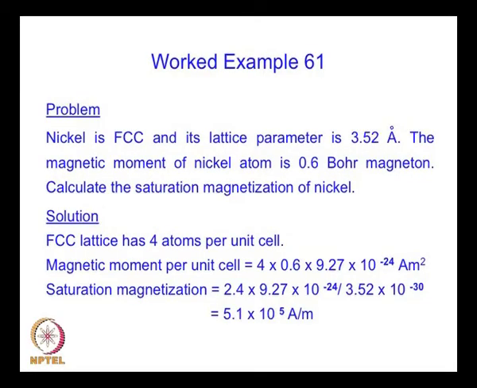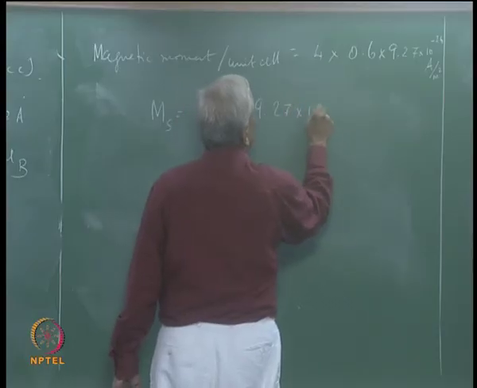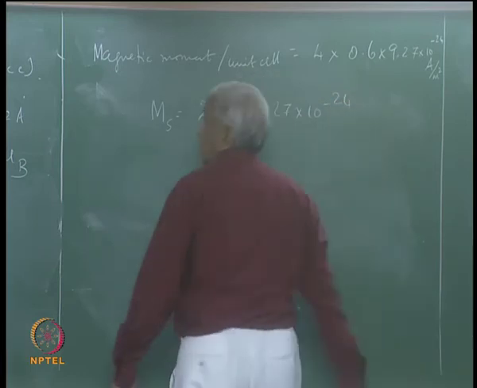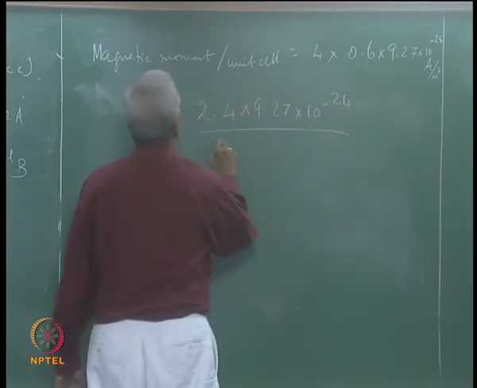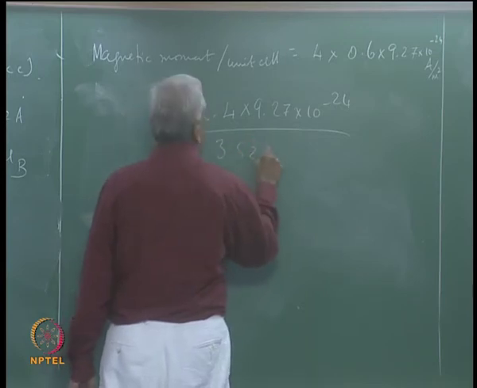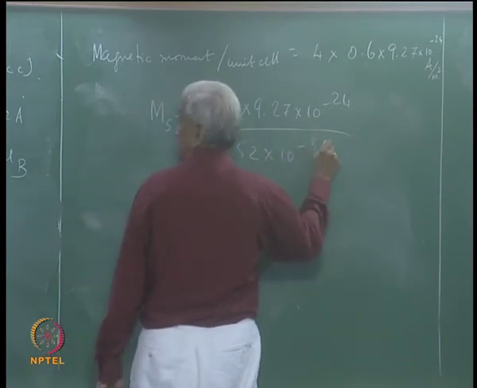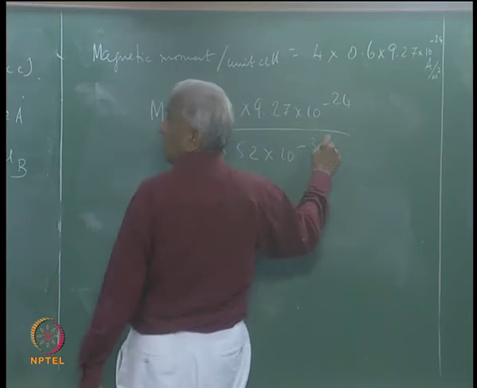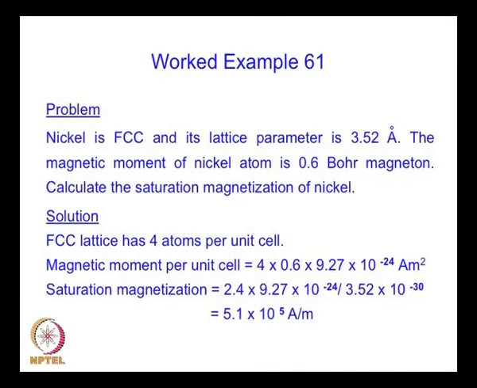So, the saturation magnetization is just 4 into 0.6 is 2.4 into 9.27 into 10 to the power minus 24, divided by the volume of the unit cell, which is (3.52 into 10 to the power minus 10) cubed, 10 to the power minus 30 scale. So, this will give me 5.1 into 10 to the power 5 ampere per meter.